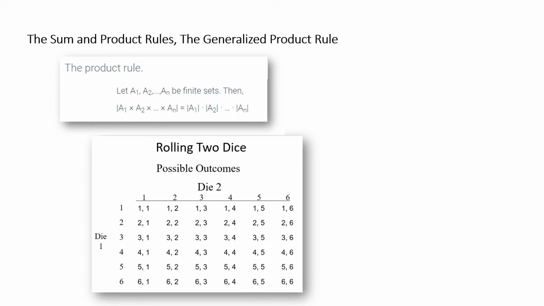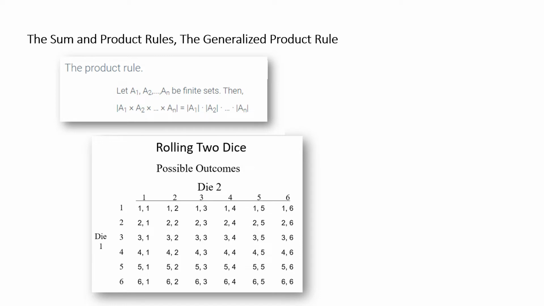So there's 6 elements in our first set, and then our second set would be the possible numbers that we could get when we roll the second die, and that would also be 1 through 6. So what you see inside this table then would represent the cross product. It's the ordered pairs that we would get. So you see at the very top left, we could get a 1 for both die 1 and die 2.